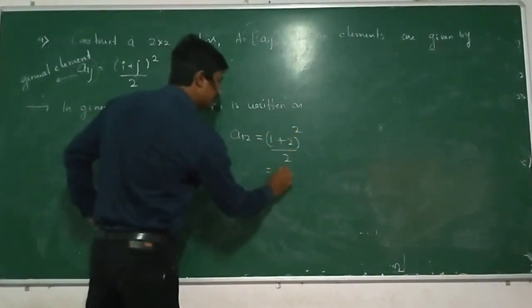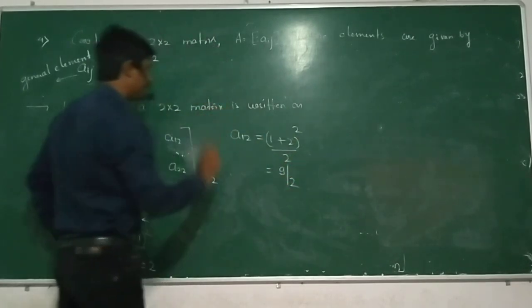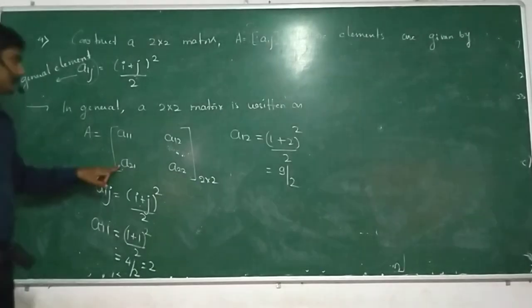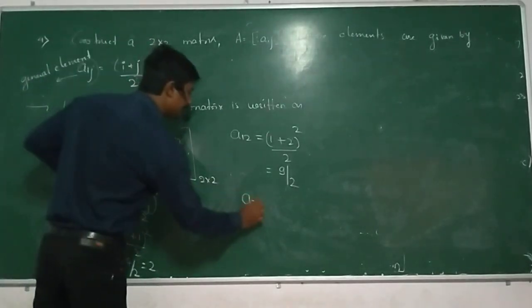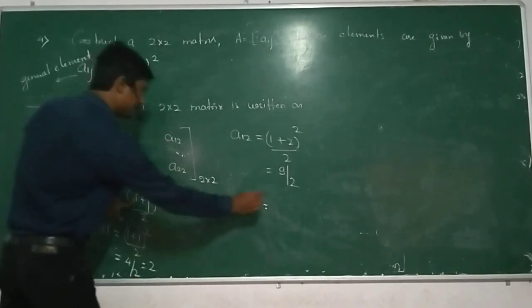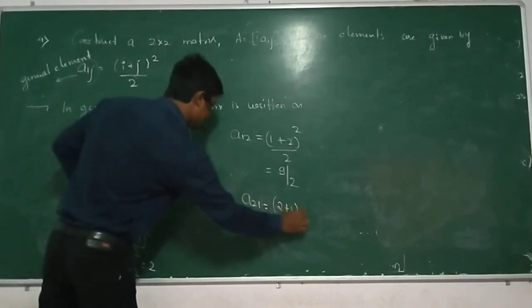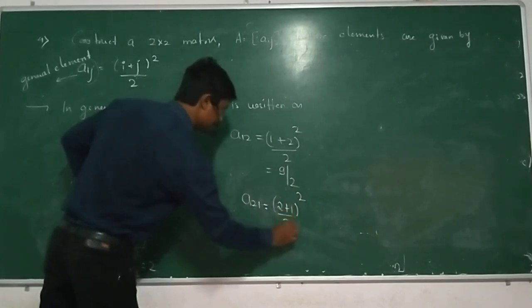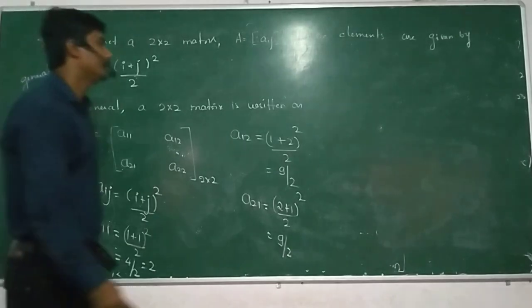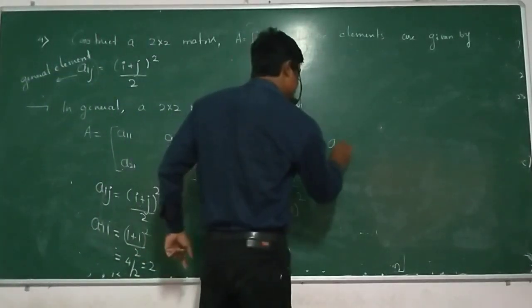So 3 square is 9 by 2. So A12 is equal to 9 by 2. Now if I want to find the element A21, in the general element definition put i value as 2, j value as 1. So again this is equal to 9 by 2.